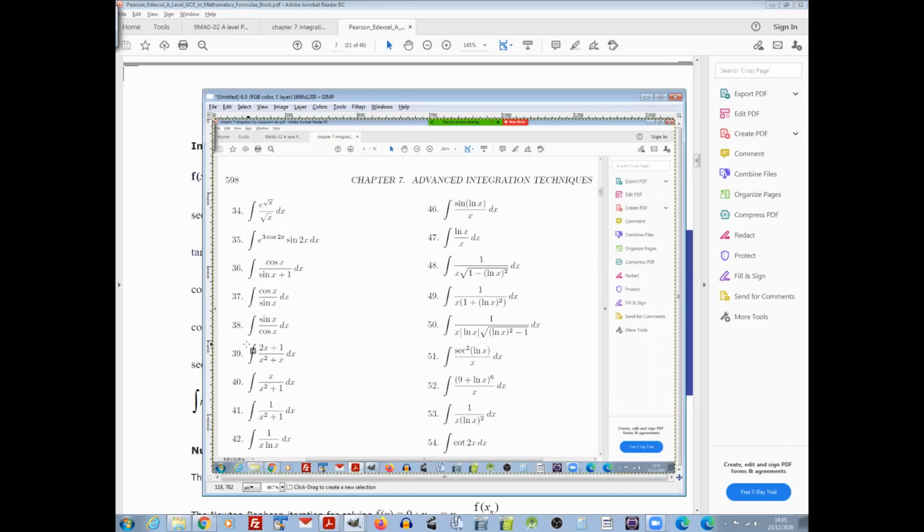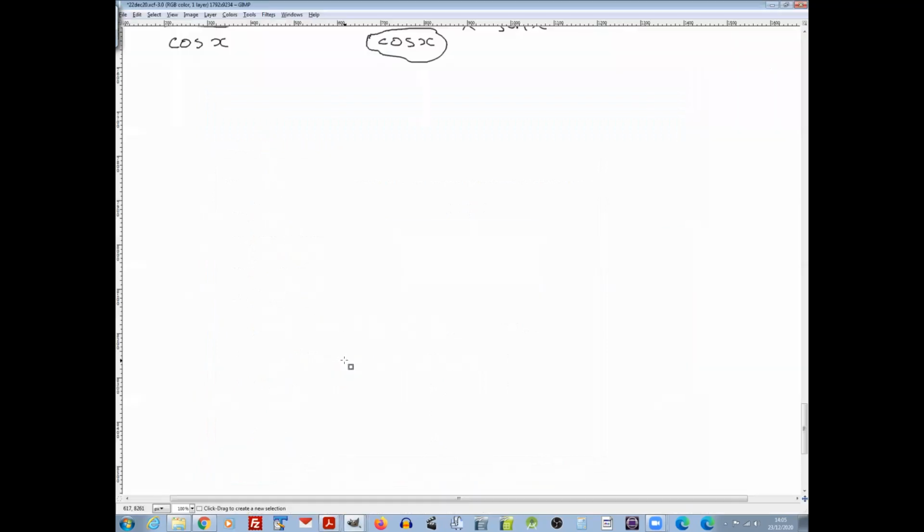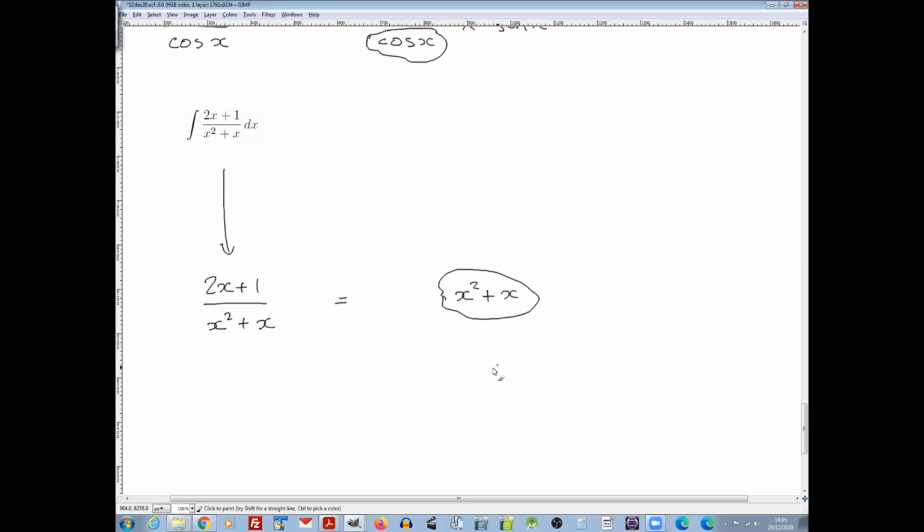Let's do this. This is at least a bit different. Integral of all of that. So I'm guessing the blob will be x squared plus x. Yes, good guess. You are looking out for exactly the right thing. If we make blob x squared plus x to the minus 1.